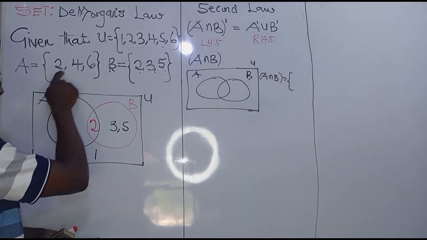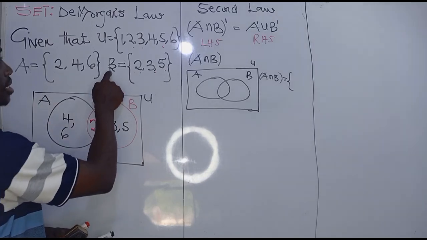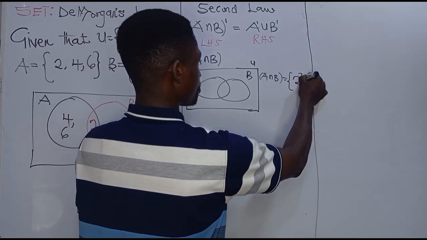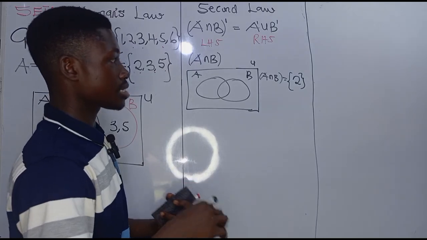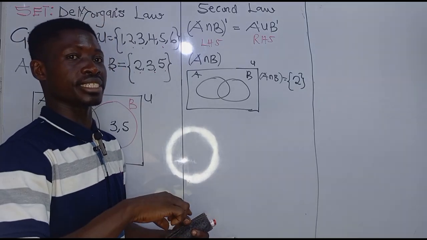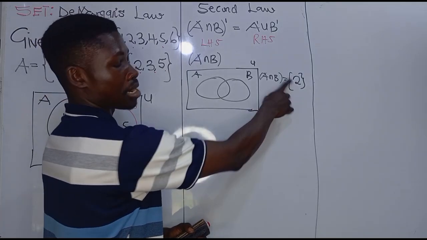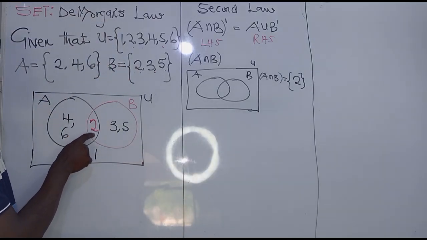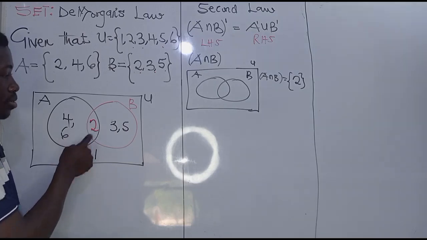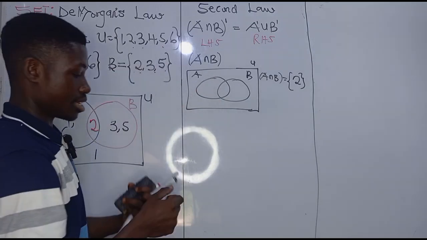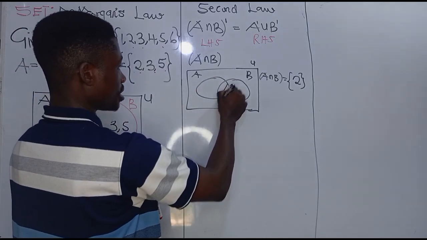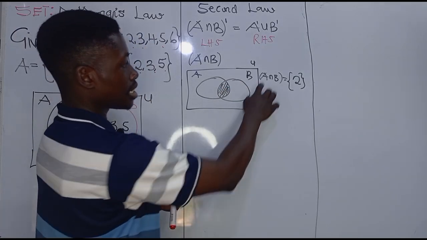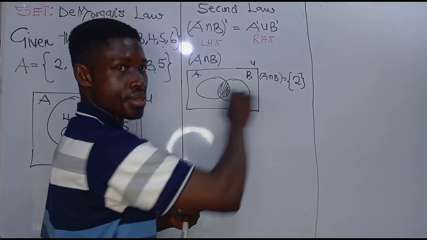So it's only 2 that's common to set A and set B. So the next thing we are going to do is to shade the region that is represented with the number 2 with regards to this Venn diagram. So the number 2 is what? This very region. So we are going to shade this region. The shaded region represents A intersection B.